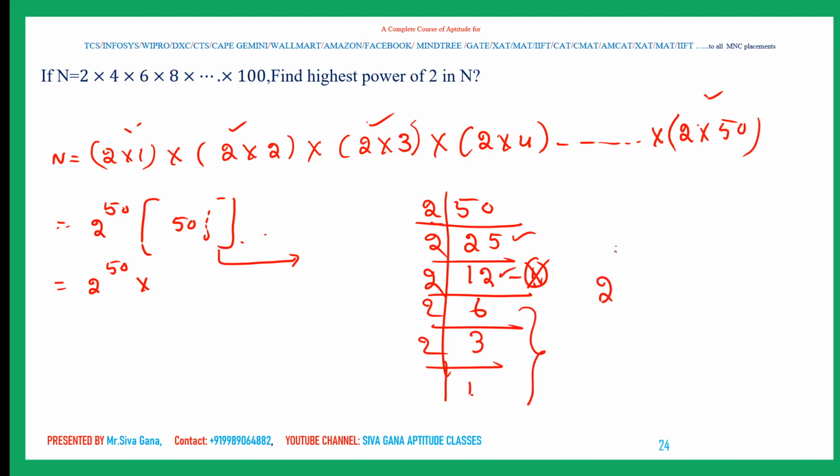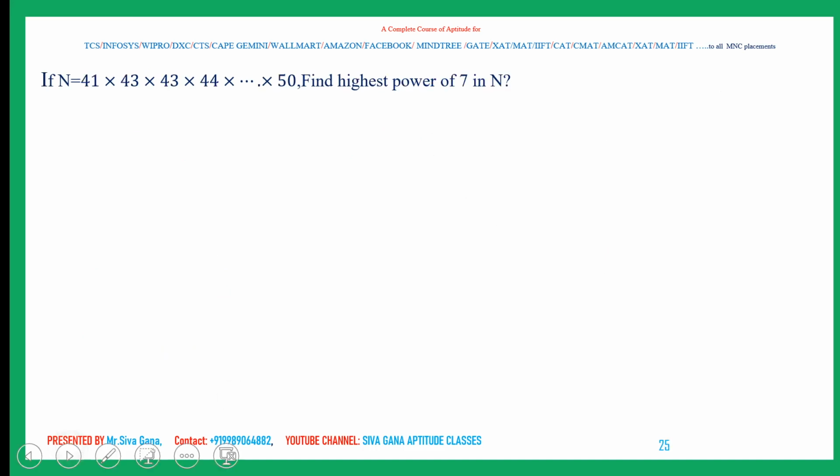So the maximum power of 2 in 50 factorial is 47. This is 2 power 47, and the value of 50 factorial is not only 2 power 47; a few more numbers are still there, that's why it is into k. So the maximum power we got is 50 plus 47. Total is 97. So the maximum power of 2 in the given number is 97. This was a previously asked original placement question.